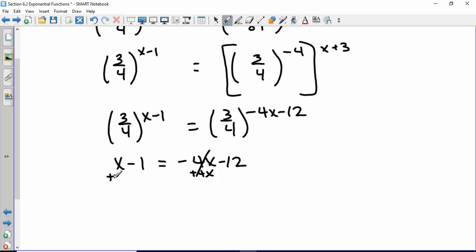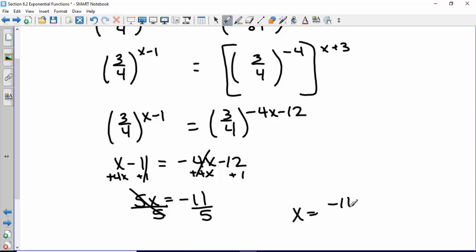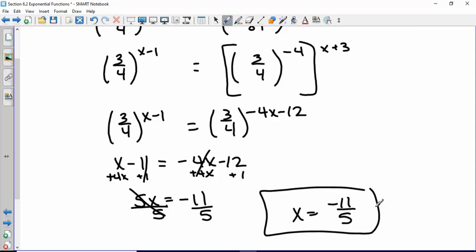We add the 4x, add the 1, divide, so x is negative 11 of this.